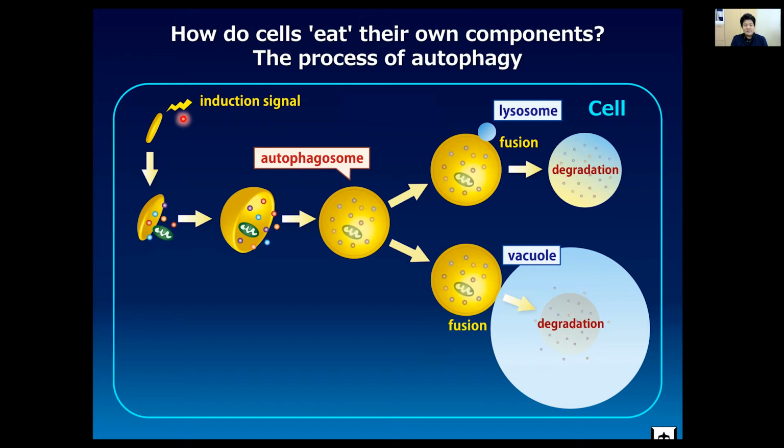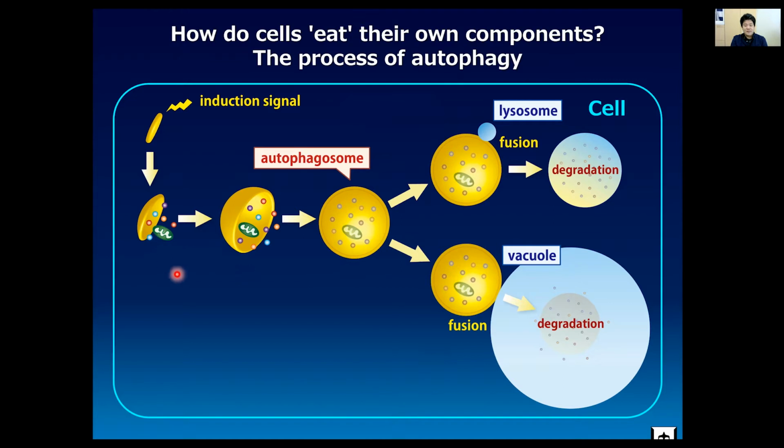When cells receive these signals, small flattened membranes appear within cells. These membranes expand while curving and finally close to form spherical double membrane sacs or vesicles called autophagosomes.